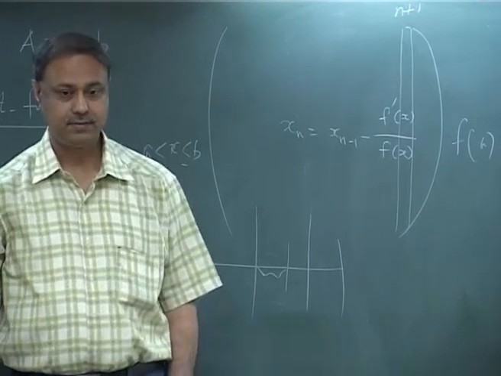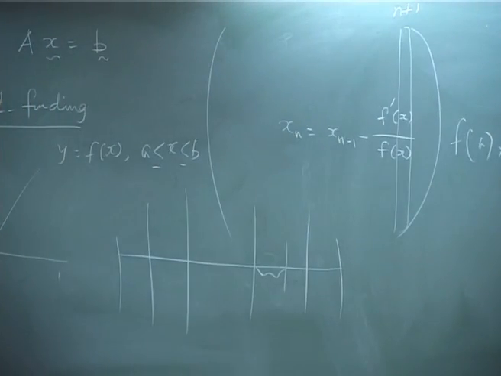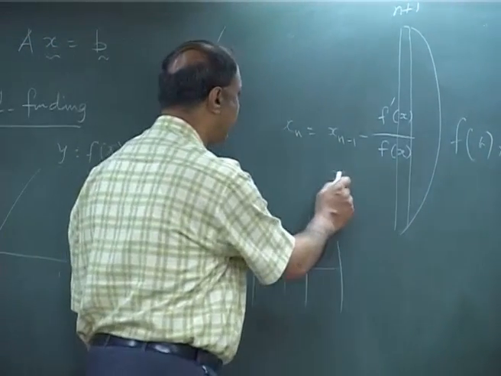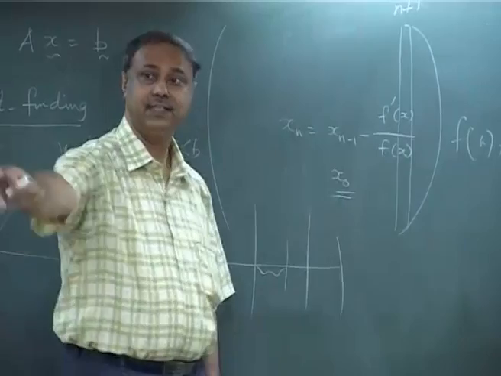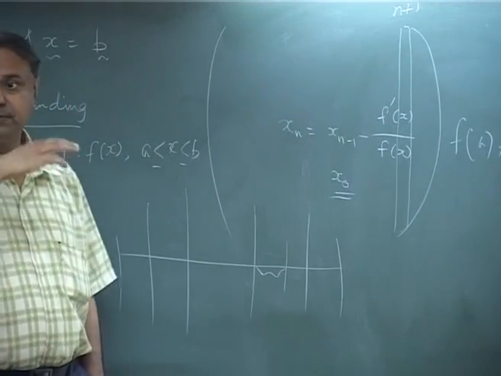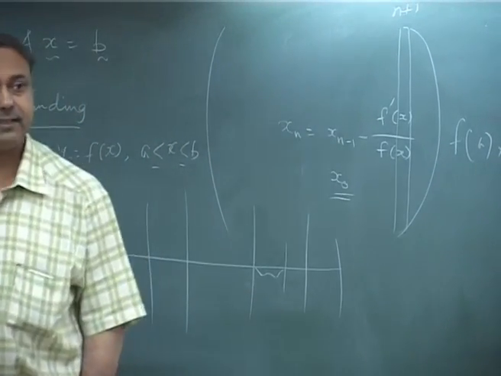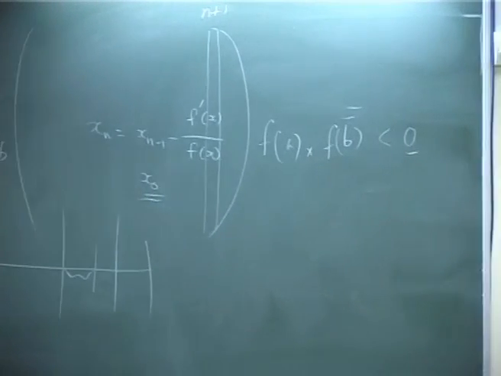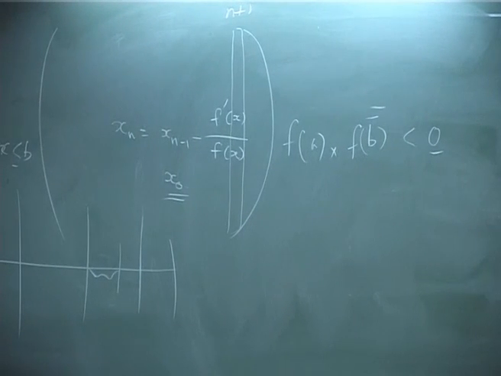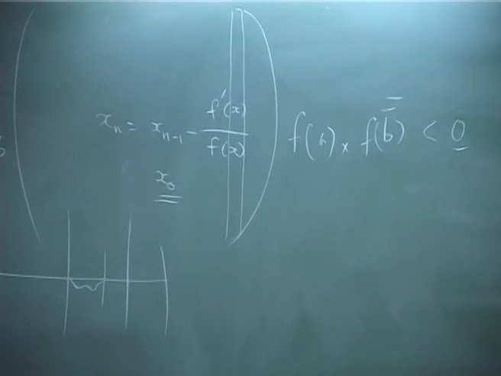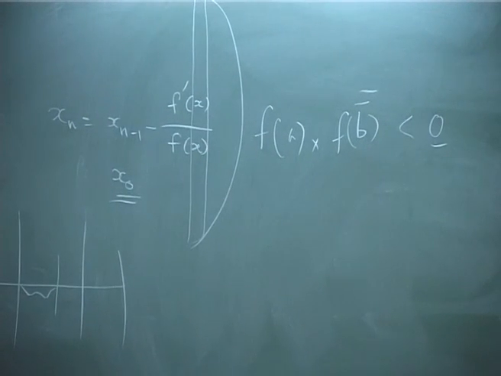Correct? That's it. Good. And you need something, x0, that is the seed value. In the Newton-Raphson method, selecting the seed value is important. Suppose you have a very good seed value and other things.